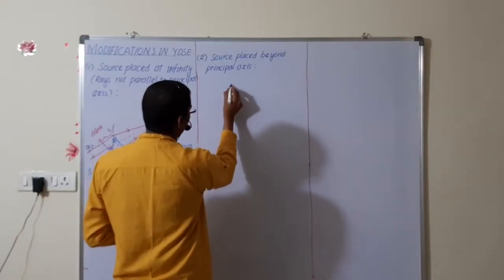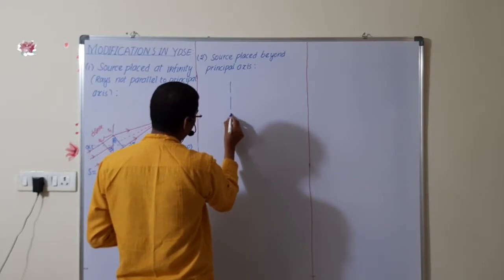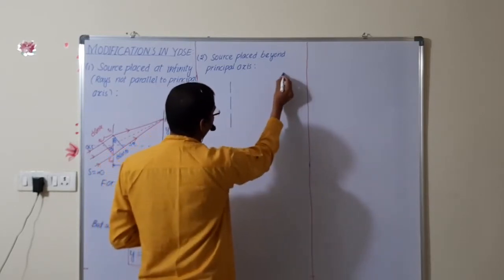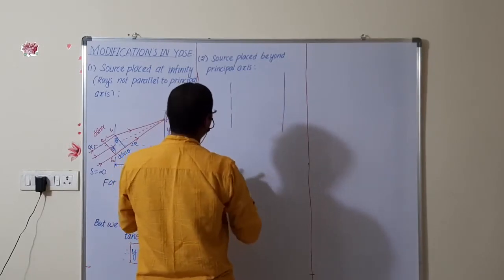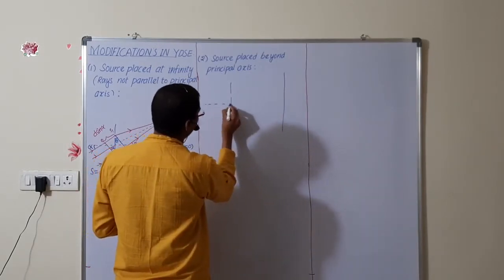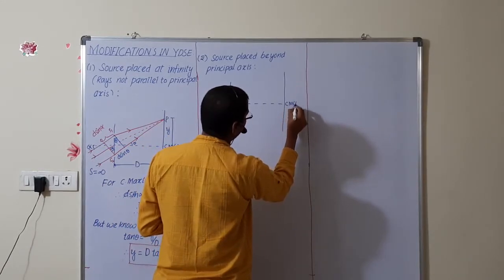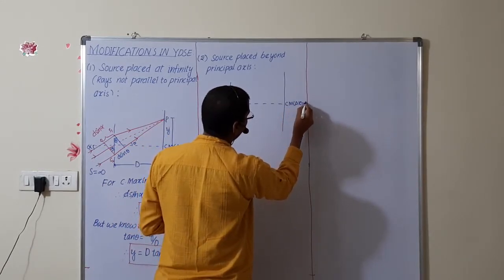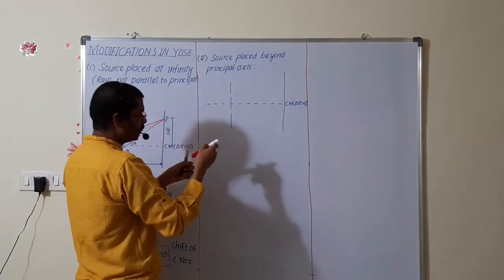Here is the screen, and this is the principal axis. For the central maxima, delta x equals 0. Now the source is placed beyond the principal axis.